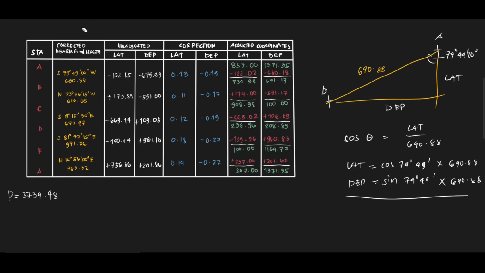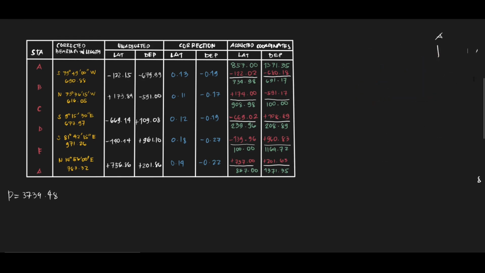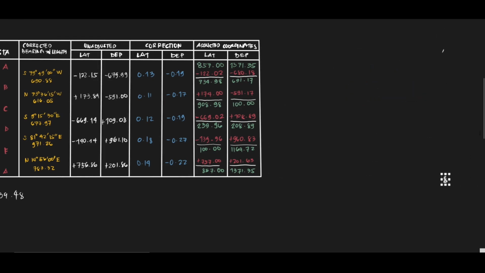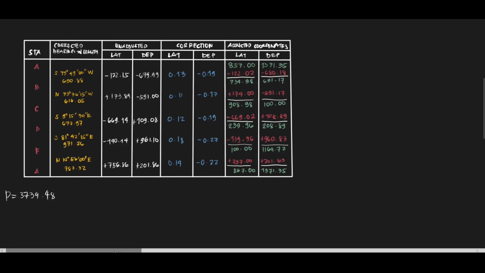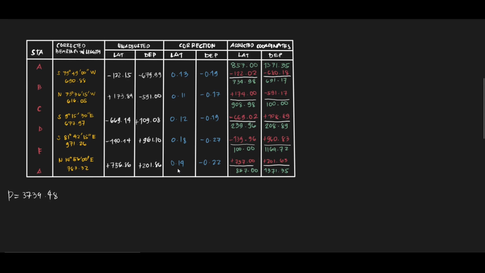Okay, so let's proceed with the compass rule. Okay, let's erase these first. So the first thing that we need to do is identify the error in the unadjusted latitude and departure.